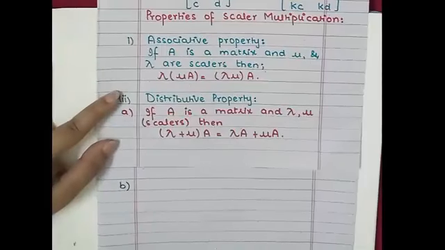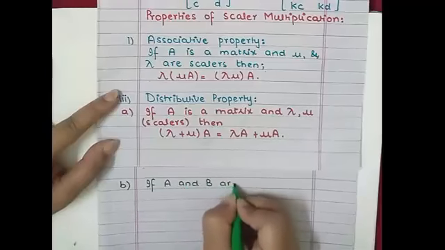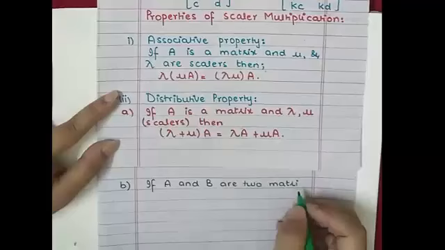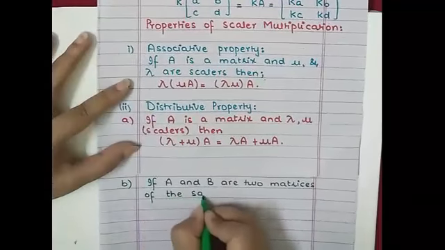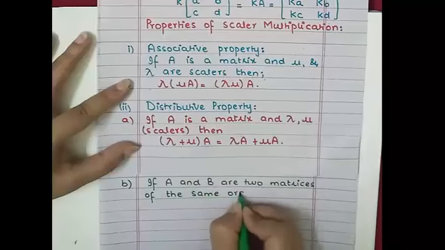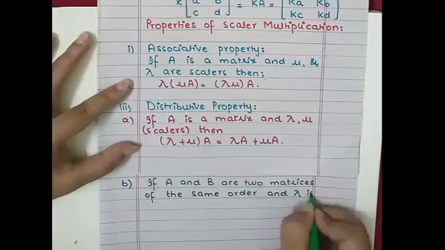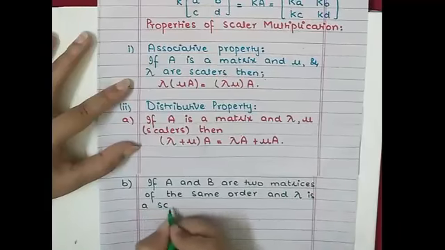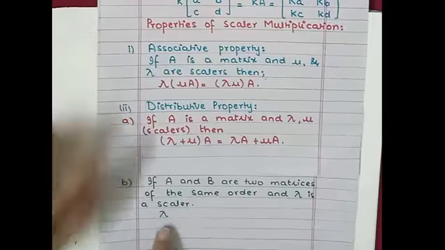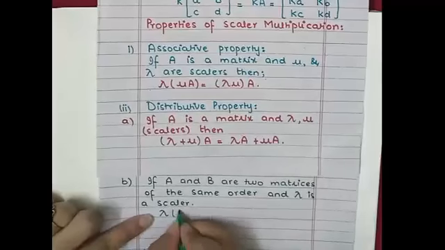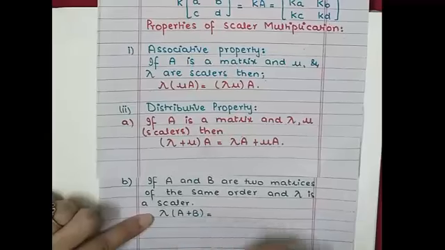And the second case is if A and B are two matrices of the same order and lambda is a scalar, then we multiply the value of the scalar with these two matrices like this.